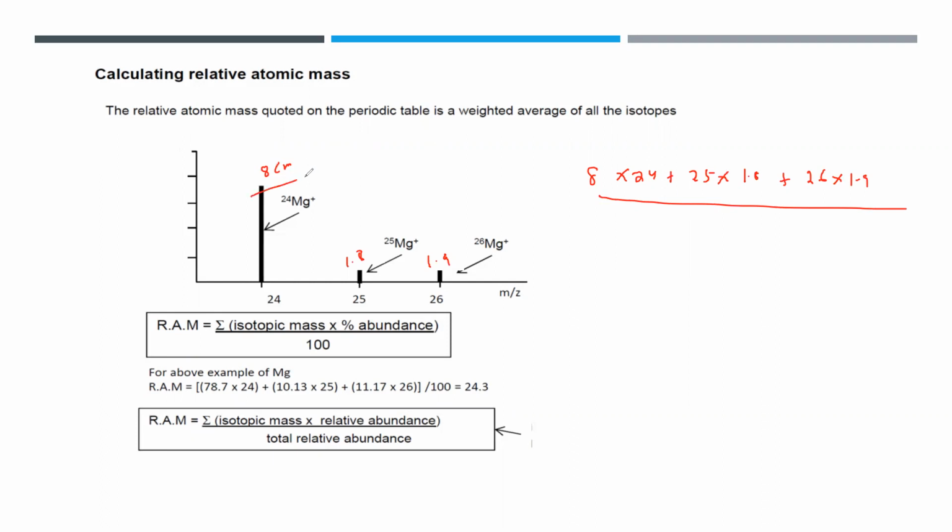So this will be 8 plus 1.8, so it will be 9.8, and then 9.8 plus 1.9, so it will be 11.7. So this will be divided by 11.7. So you will also get the relative atomic mass. Is it clear how we can work out the relative atomic mass if the percentage is not given to us?